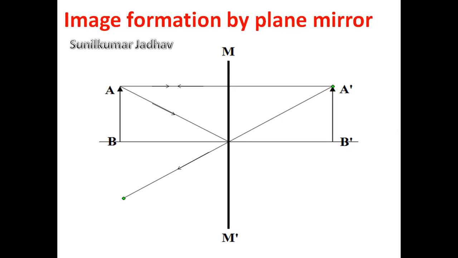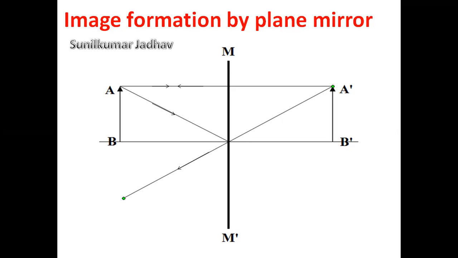You will see the image is raising the left hand. So this is what we call laterally inverted. I hope you understand what is laterally inverted. The image formed by the plane mirror is always virtual, erect and laterally inverted.